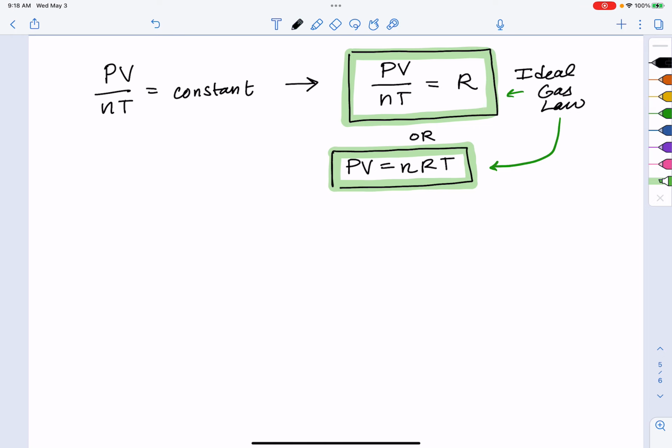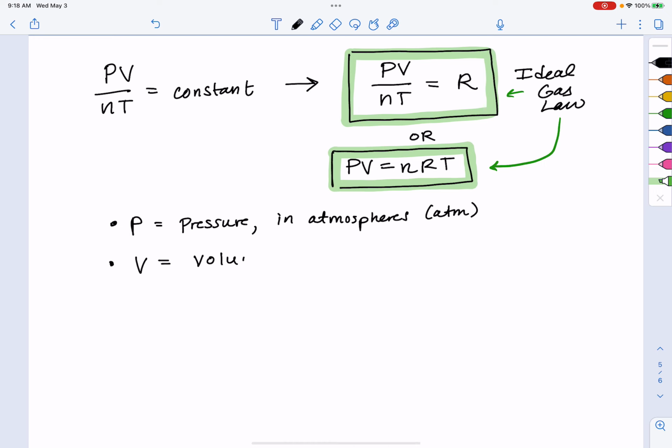So let's talk about the components of the ideal gas law. So P, of course, is our pressure, but our pressure is going to be in atmospheres. So if you want to apply the ideal gas law, you need to ensure that your pressure unit is in atmospheres. V is our volume of our gas, which is going to be equivalent to the volume of our container because we are an ideal gas in the ideal gas law. And this is in liters.